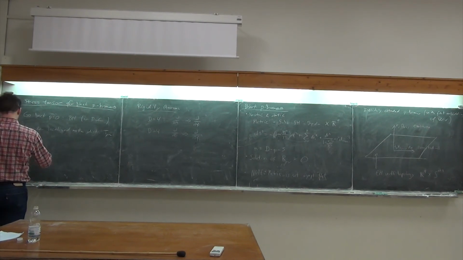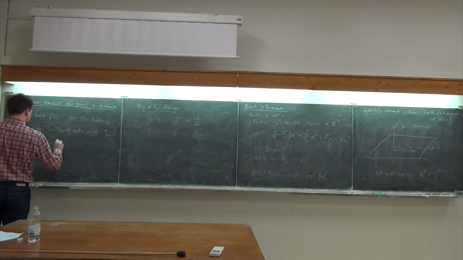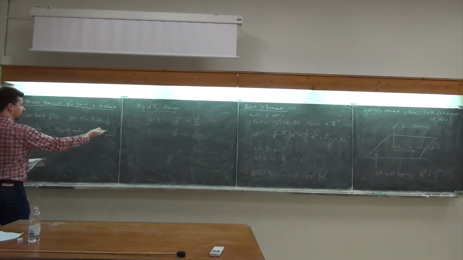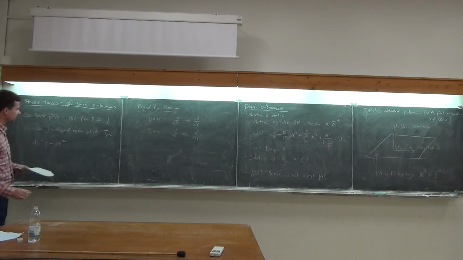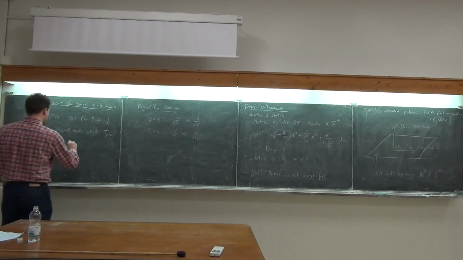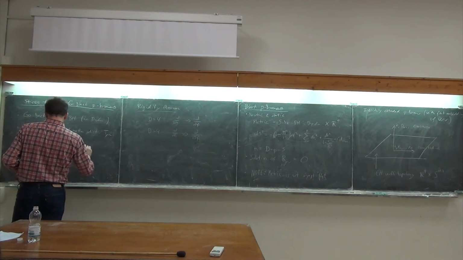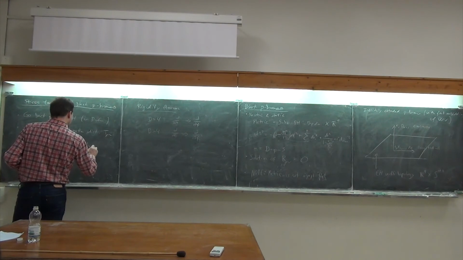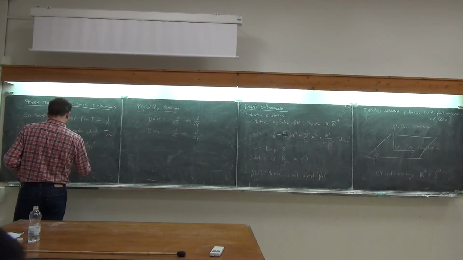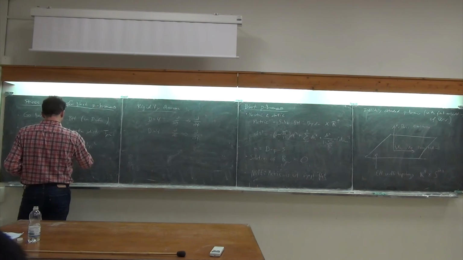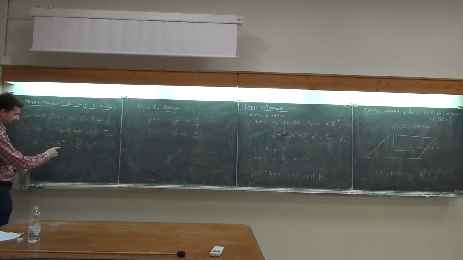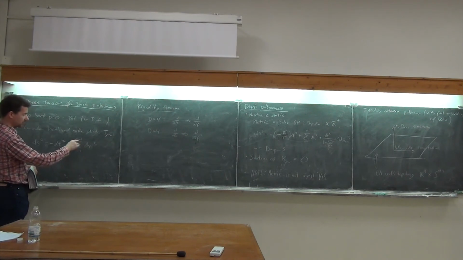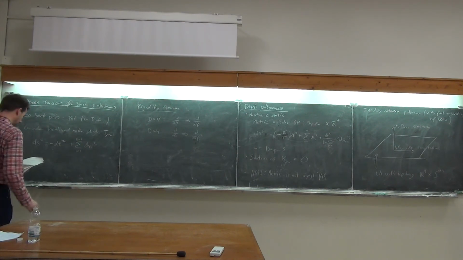So let me introduce some coordinates for the background geometry of this localized matter, which is just flat space. So I will use the following coordinates: the time coordinate, and then y1 to y d minus 1.